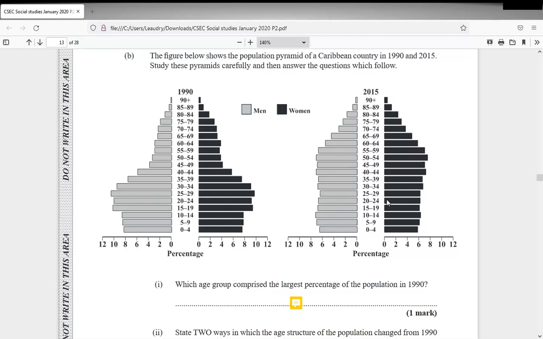So there was a reduction in the percentage. We know there could be various factors that contribute to why there was a smaller percentage. That could be that probably some of the young people perhaps died or some had migrated.